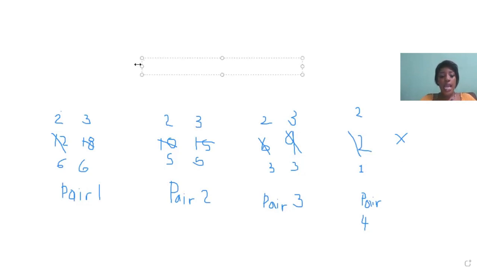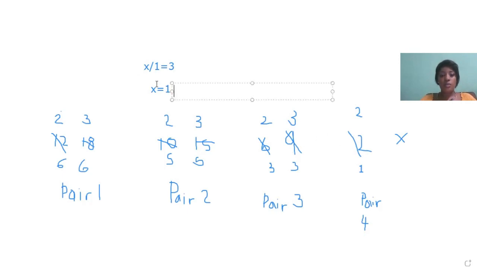So I'm going to say x divided, I'm going to use the slash for divided by, 1 equals 3. So x is equal to 1. So the answer is 3.